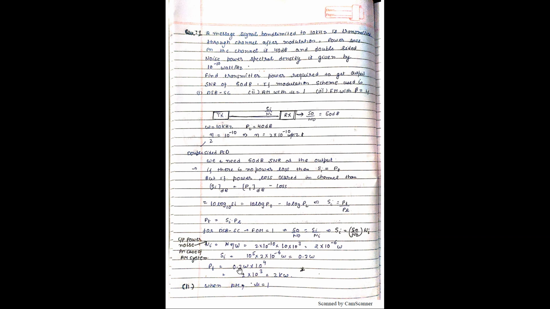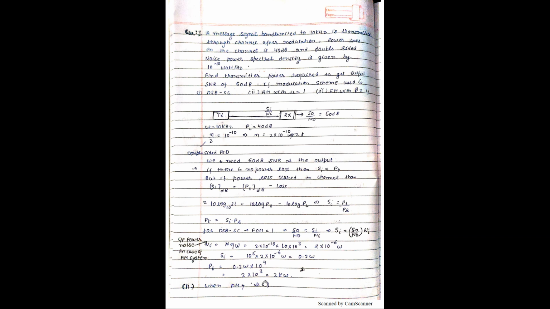SI is 2 into 10 to the power minus 6, the noise power, times 10 to the power 5, because we want 50 dB, and when you convert it from dB, it comes as 10 to the power 5. Then the transmitted power comes as 0.2 into 10 to the power 4, which means 2 kilowatt.